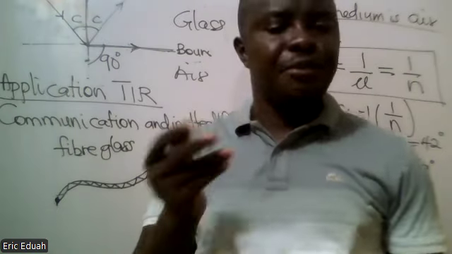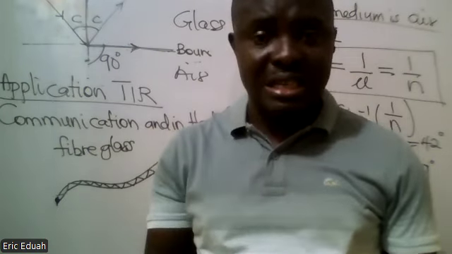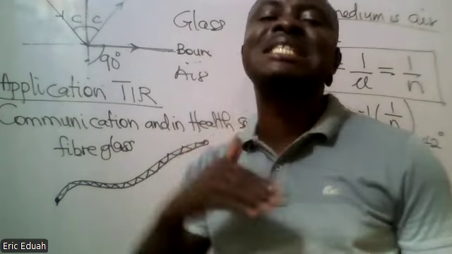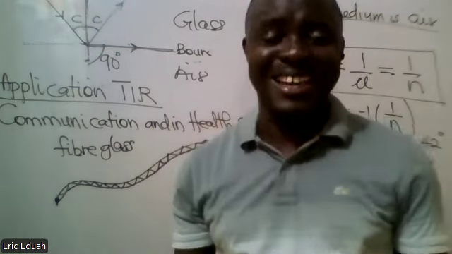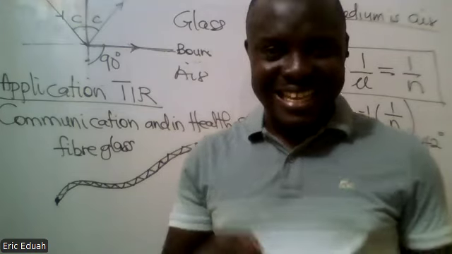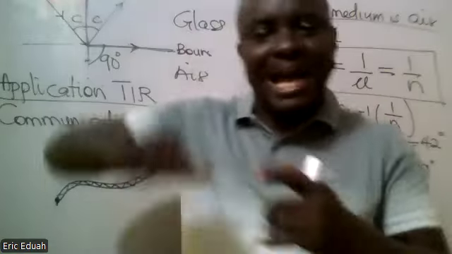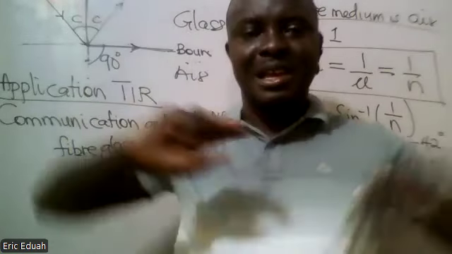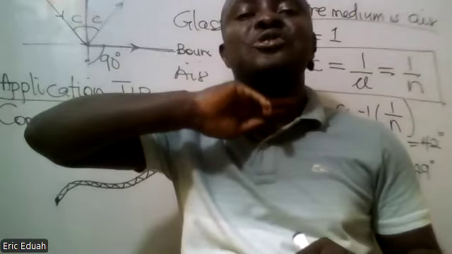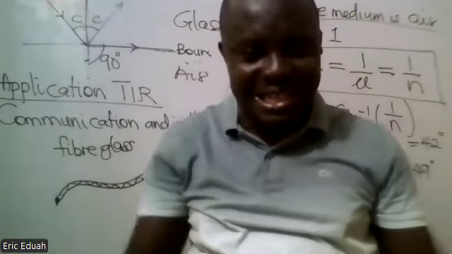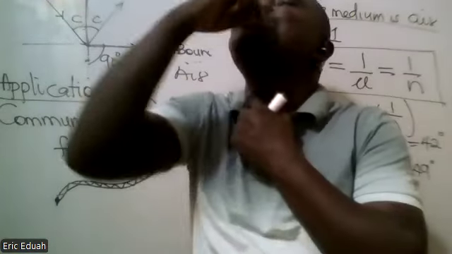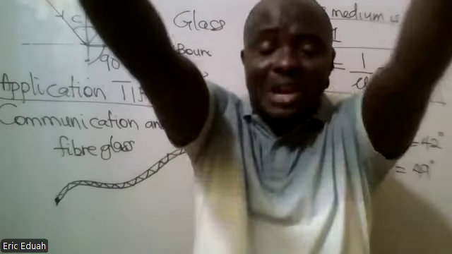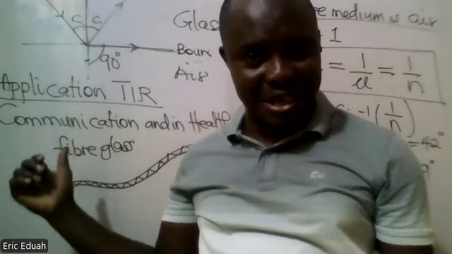If doctors must examine my throat, there is no way they can just cut it. So what was done was passing light through my throat. The light incident in the throat is viewed on a monitor. So when the light is pushed through the throat, whatever is in there will be shown on the monitor. Endoscopy.